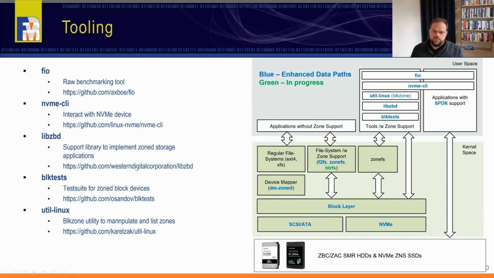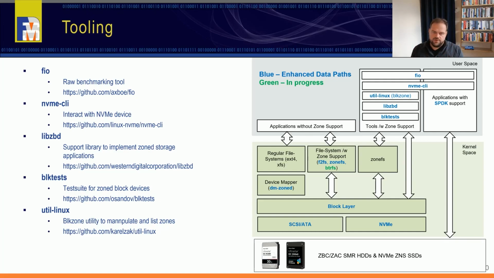We also worked a lot on tooling. So FIO has support today, NVMe CLI, and libzbd. libzbd is a continuation of a library called libzbc, which was specifically for SMR hard drives. libzbd replaces the pass-through commands of before kernel 4.10, and is now the library you can use when you develop zoned storage applications that want to implement support for those devices.